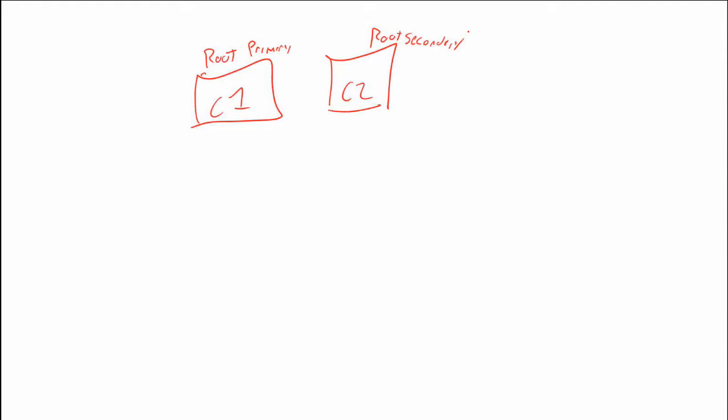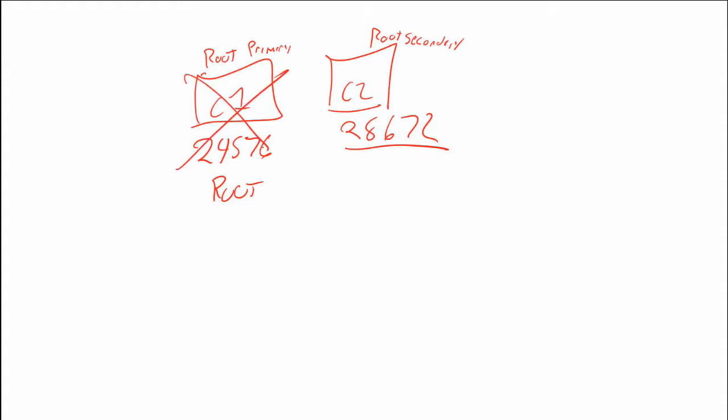In other words, this becomes 24576, which means he's the root, and then this is going to be 28672, which means he would lose the root election unless this is offline. If it is offline, this guy wins over anyone else that has 32,768. Does that make sense?